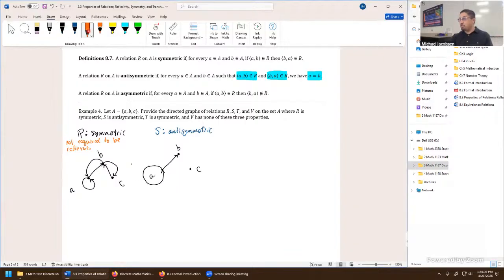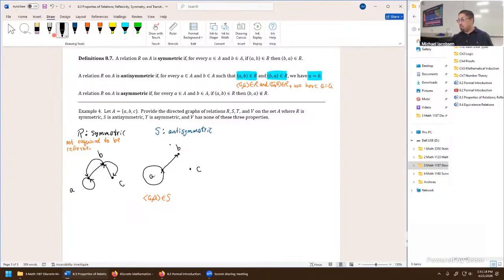A loop is absolutely allowed because the loop is saying A is an element of this relationship S. And that's allowed because if you track through the definitions, if A, A is in R, and redundant, but you're allowed to do this logically, no one's going to stop you from tacking on another statement where you switch A and A, but it looks like the same thing, A, A in R. We have A equals A. So that allows for a loop, but we're just not required to put a loop on every single vertex. We could leave it off on B and C if we choose to for our particular example.